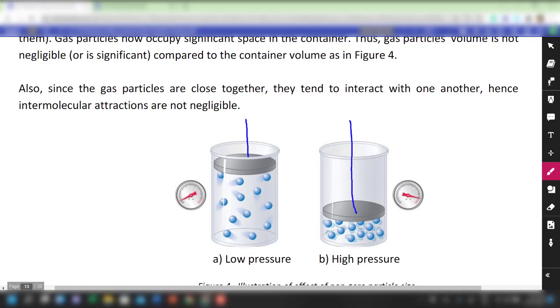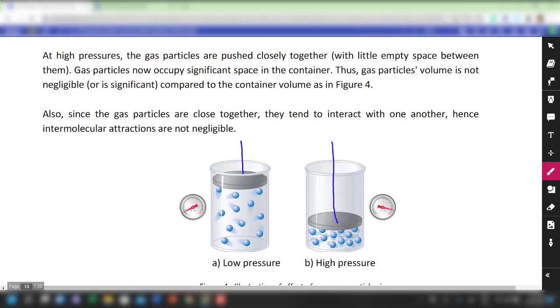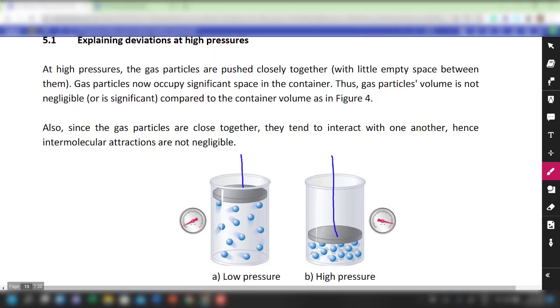In that case, the total volume occupied by the gas particles may be significant as compared to the volume of the container, as compared to when it's at low pressure. Because of that, it might deviate relatively significantly from ideal behavior.